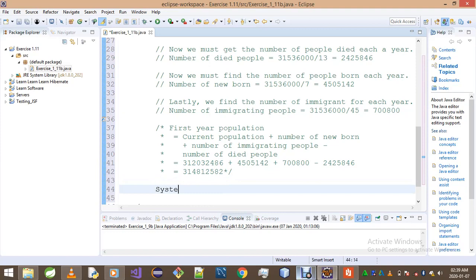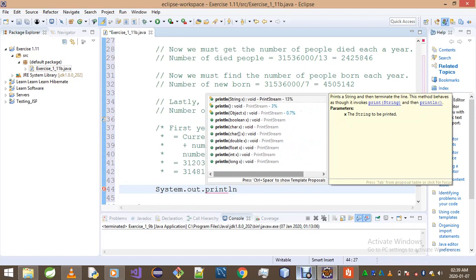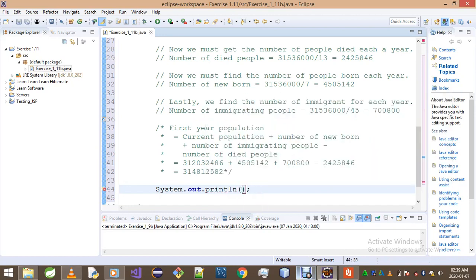Okay, so let's go System.out.println and let's go first year population is.